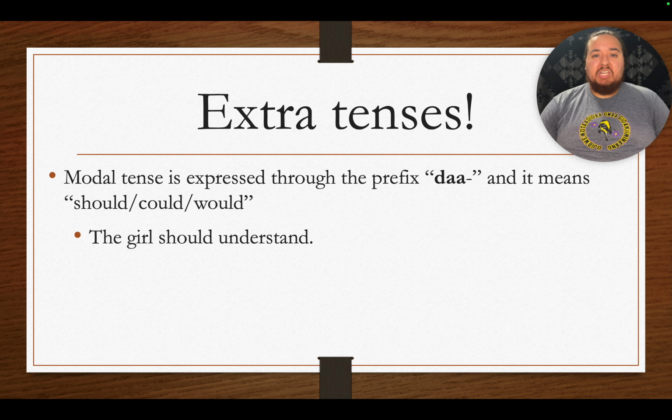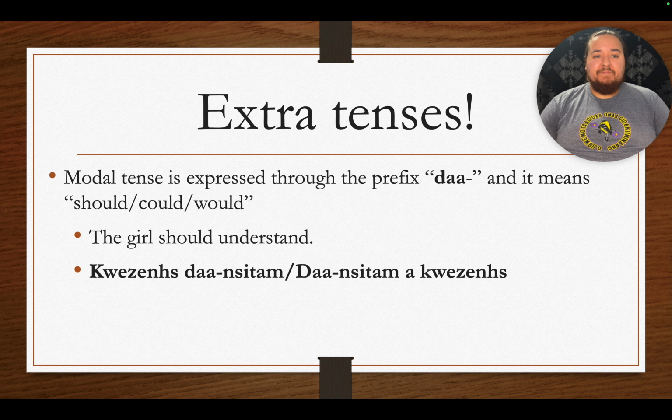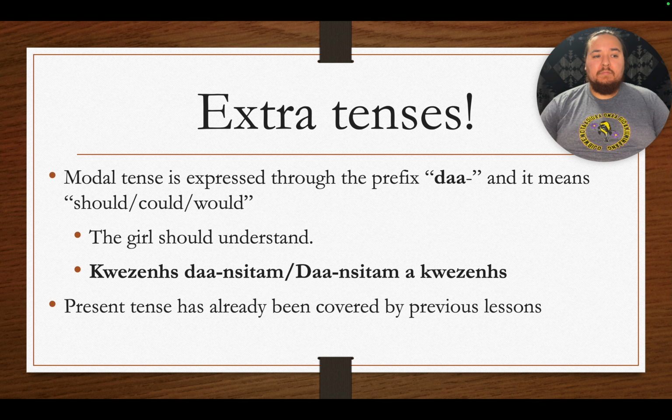So connaissance da incitum or da incitum acquiescence. So we have both options here. Present tense is already being covered in previous lessons, so you're off the hook for that one. All right, so please record these in your notes before moving on. Give you a chance to pause here. All right, let's move on.